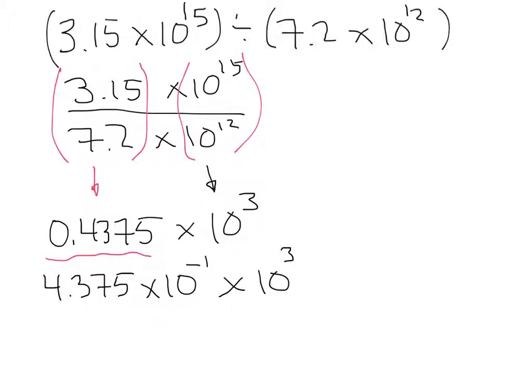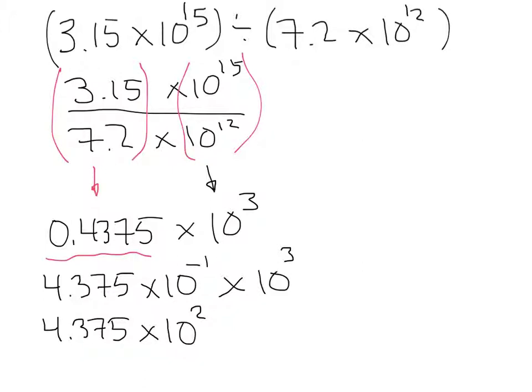So we can rewrite this as 4.375, putting our tens together. We have one 10 that we're dividing by and 3 tens that we're multiplying by, so that's going to leave us 2 tens that we're multiplying by, since the dividing 10 and one of the multiplying tens will cancel.